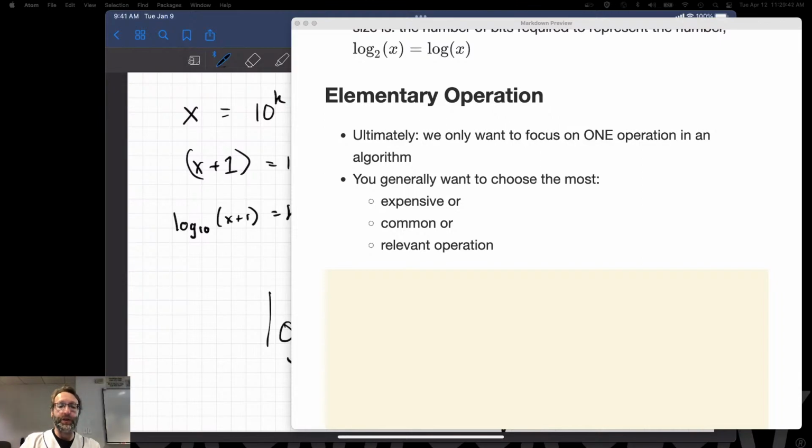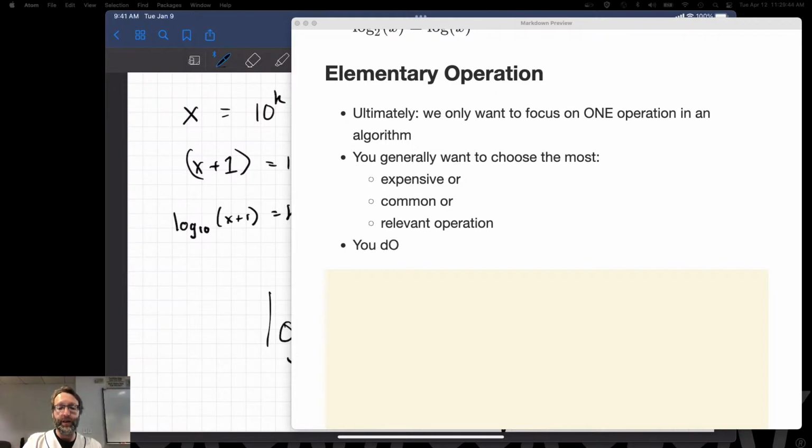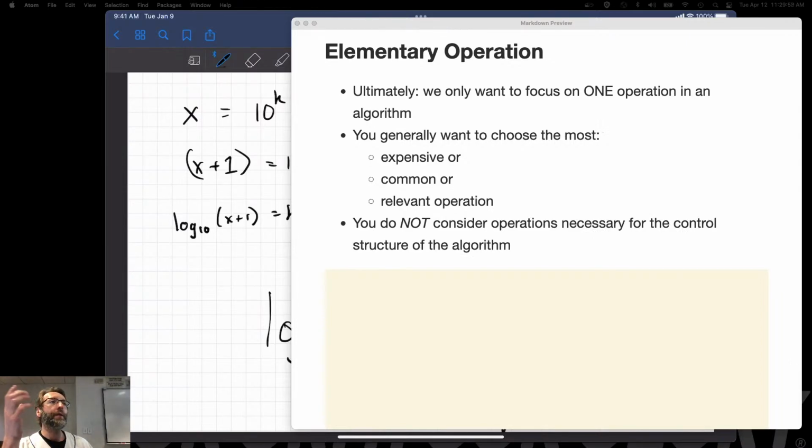You do not consider, for example, operations necessary for the control structure of the algorithm. For example, all those with a for loop, for int i is equal to 0. I'm not going to count that initial variable declaration and initialization, nor am I going to count i less than n as a comparison, because that's necessary for the control structure of the algorithm, right?